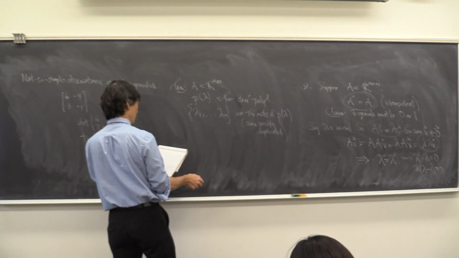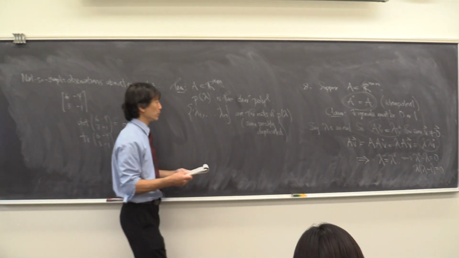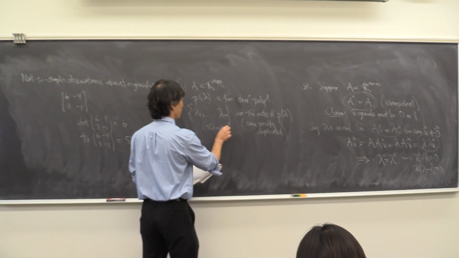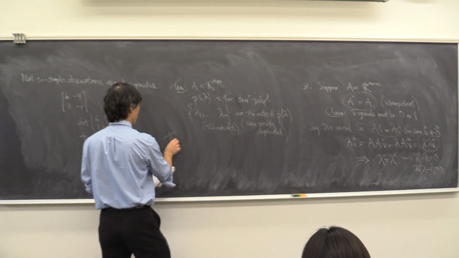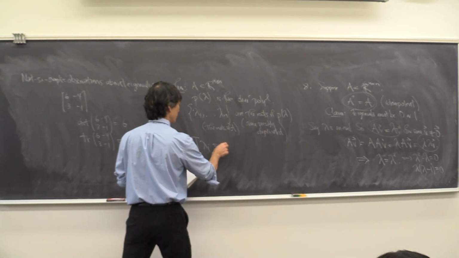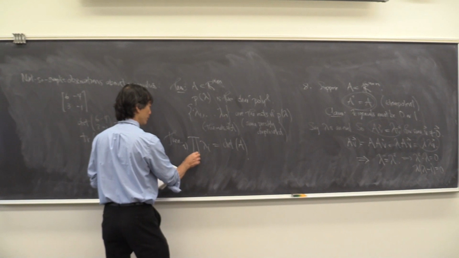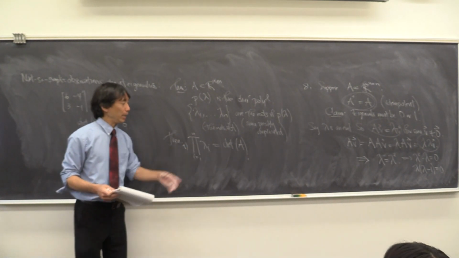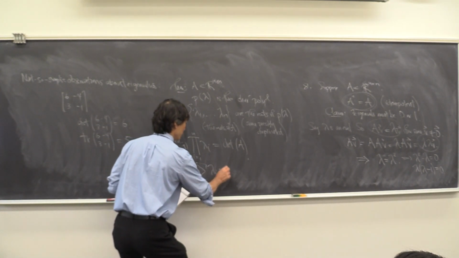These are, of course, the eigenvalues, right? As we mentioned before, these are the eigenvalues of A with duplication. Then the product of the lambda i is the determinant of A. I think we've used this notation before, the product, right? The product of the lambda i is the determinant of A. The sum of the lambda i is the trace of A.